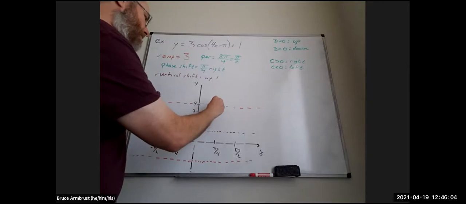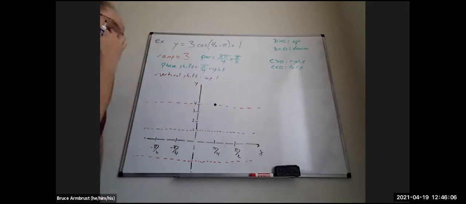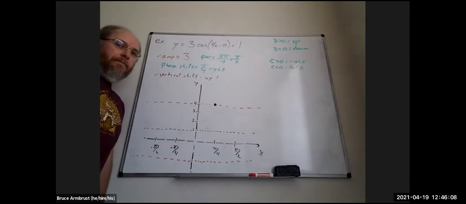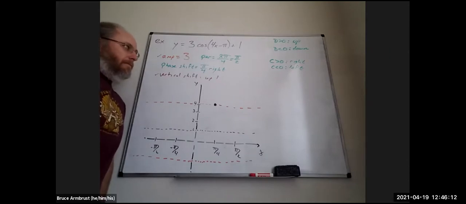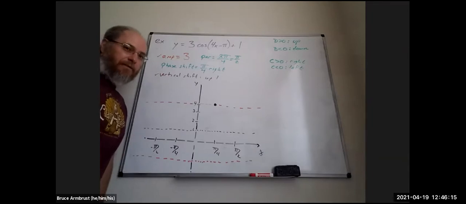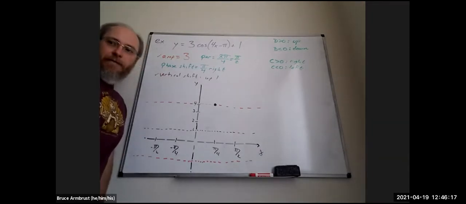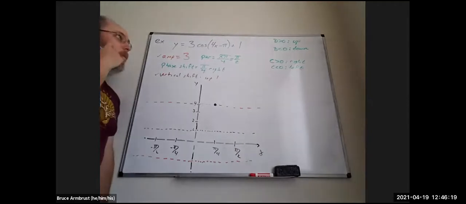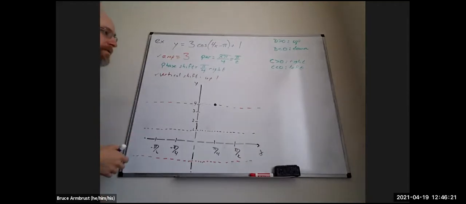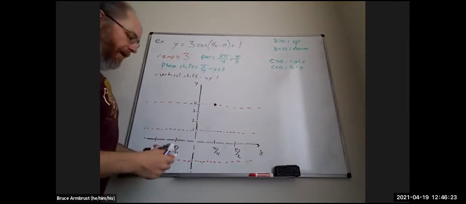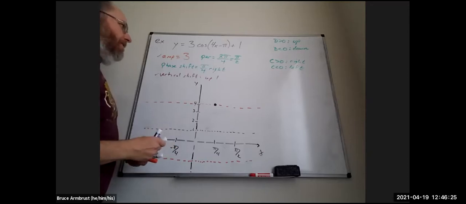It's just my maximum is going to be up on the orange line now. There's another reason I like cosine. Cosine always starts with a max, so it's pretty easy to tell where it goes. All right, so there's my phase shift. Just took care of that.